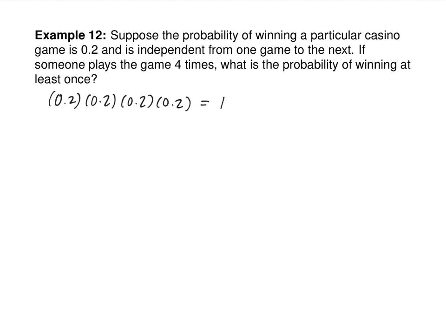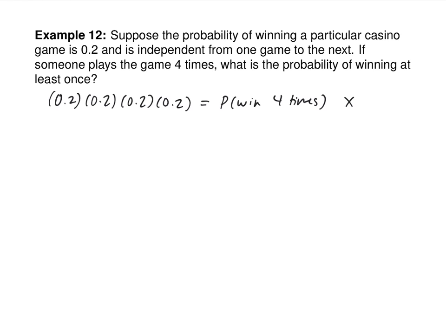That's the probability that you will win 4 times. Is that what I asked? No. You want to know the chance you're going to win at least once. So once, twice, 3 times, 4 times, right? Does that make sense? All those possibilities.